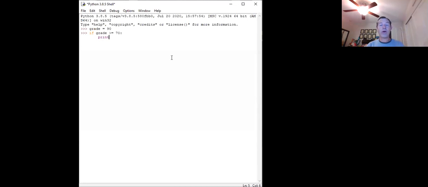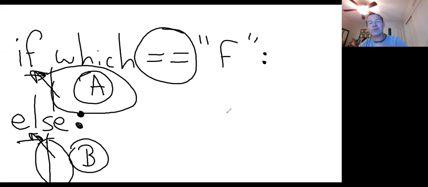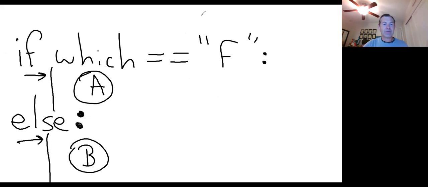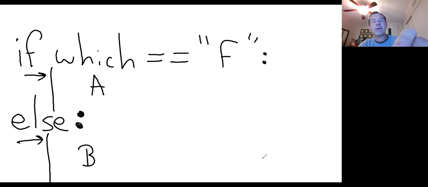That's the whole point of having double equal signs or a single equal sign. So let me go back to my whiteboard, because that's the whole point of why we use this instead of just single equal signs. Let me get rid of some of the mess here. Let me erase this.